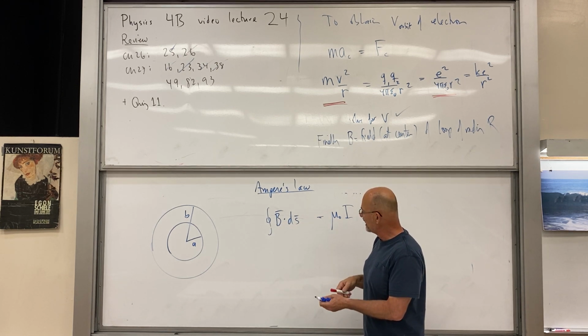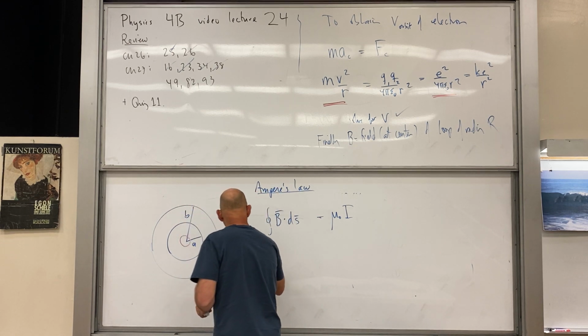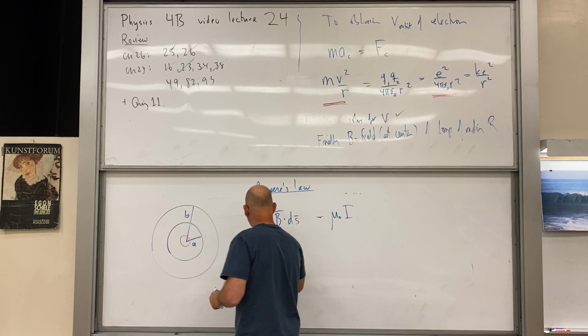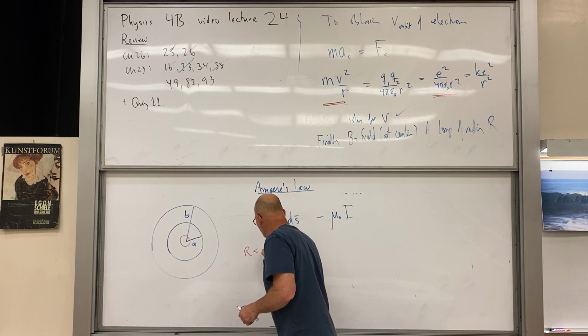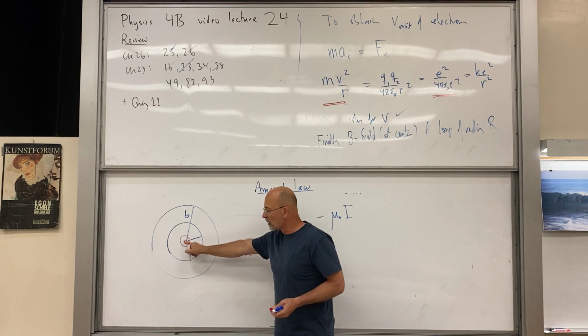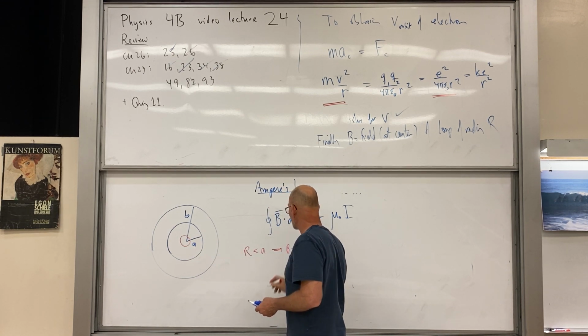So if we're doing a curve inside, so R, when we're calling it capital R, so R less than A, no current flowing there, B is equal to 0.